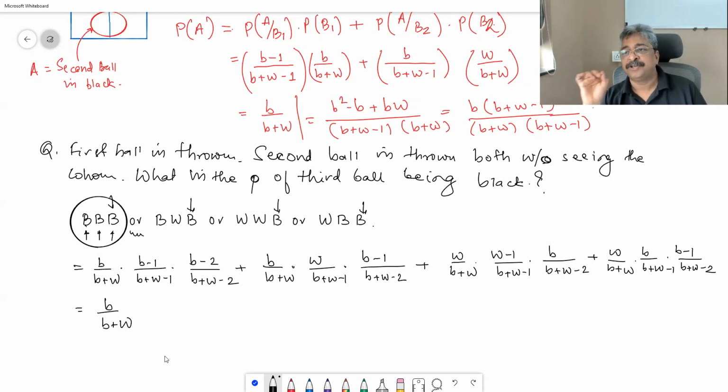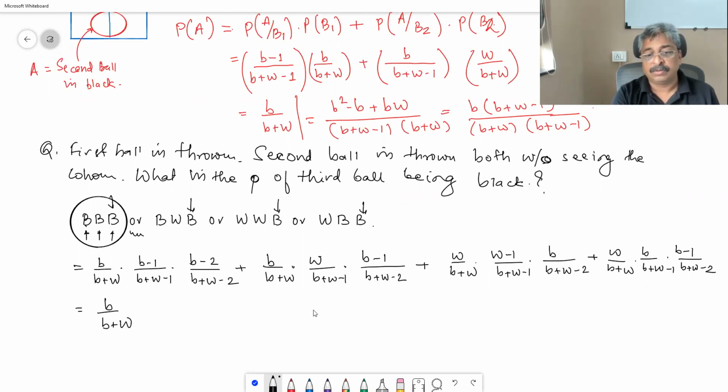The initial proportion continues to remain the same for the nth ball also, provided you are not looking at the balls that you are throwing in between. This is surprisingly happening, and it is true by calculations.